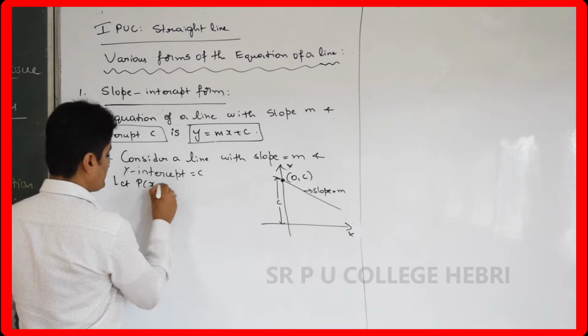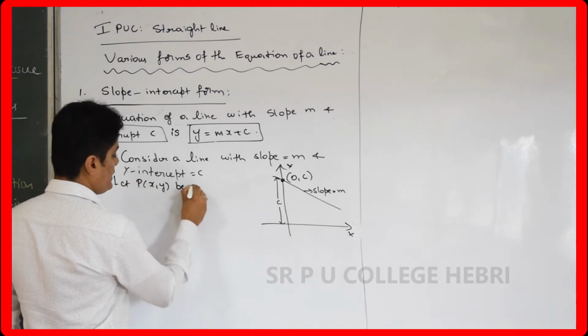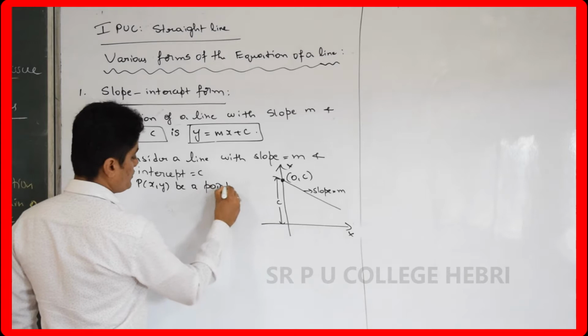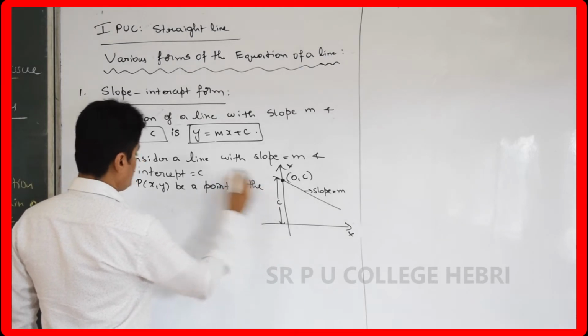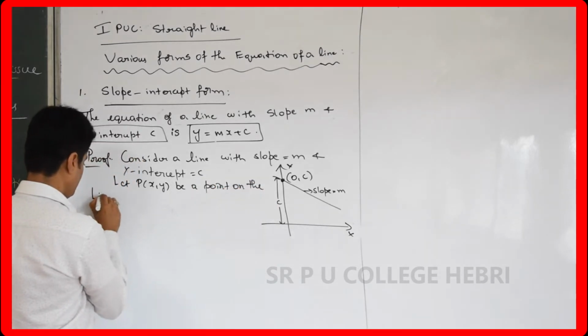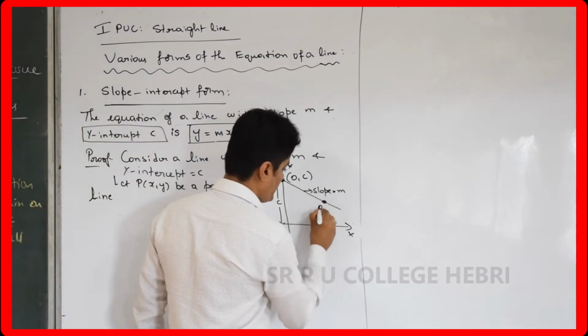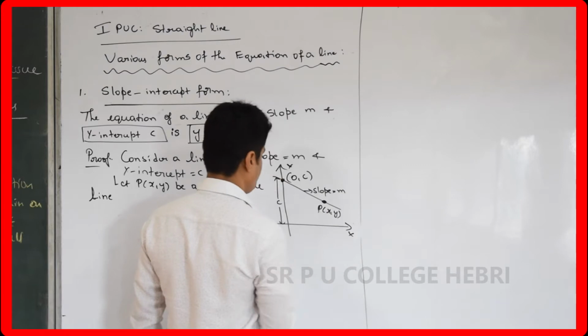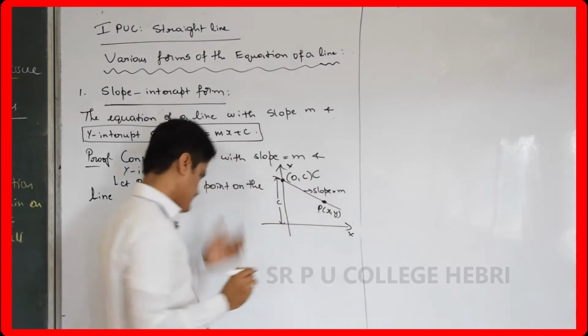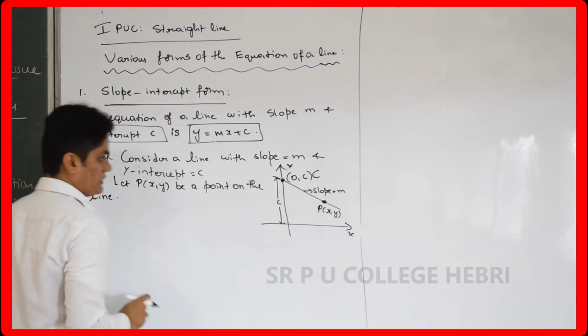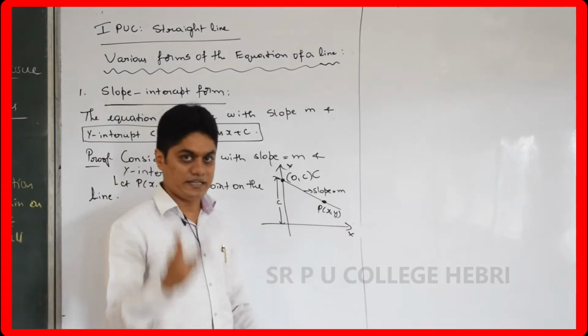Now take one point on the line. Let P(x, y) be a point on the line. You can take it anywhere on the line. I'll take it here, P(x, y). Now we have a line with slope m and 2 points on the line.